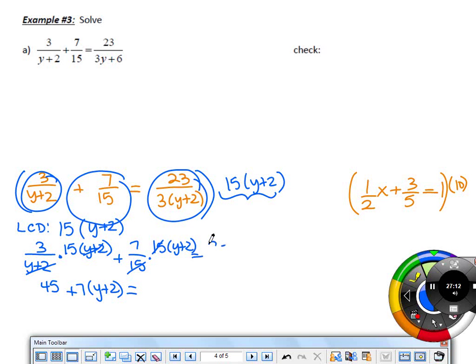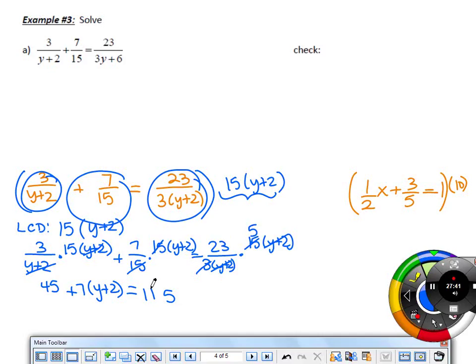So when 23 over 3 times y plus 2 multiplies with 15 times y plus 2, the y plus 2's cancel. The 3 goes into 15 5 times, and I'm left with 23 times 5. It's 115.